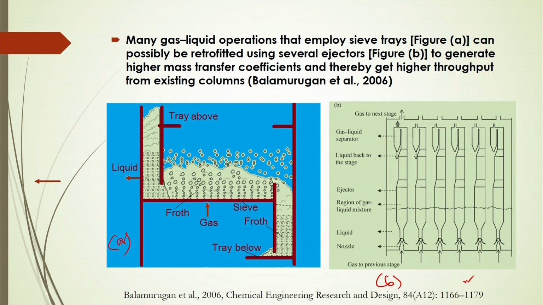So, this is the recommendation to get more process intensification by these ejector systems, in the replacement or retrofitting of gas-liquid operations in the distillation column or other gas-liquid contact systems.